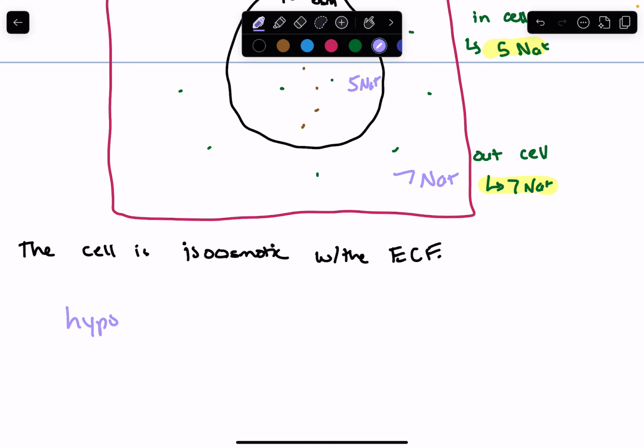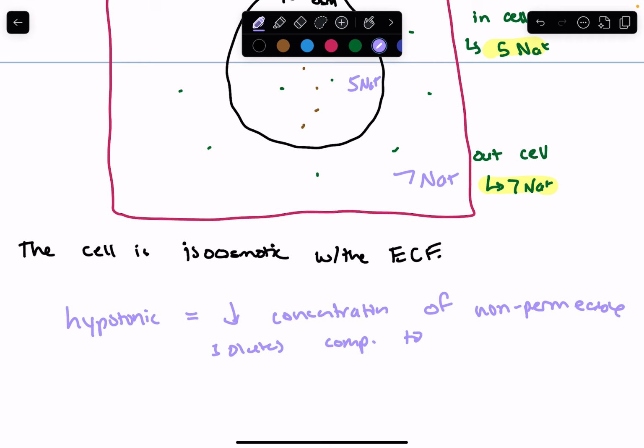Hypotonic equals lower concentration of non-permeable solutes compared to environment.